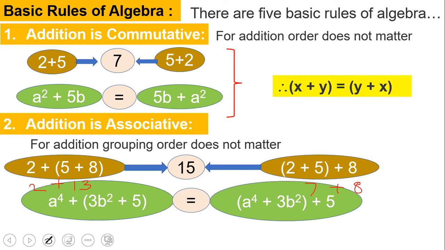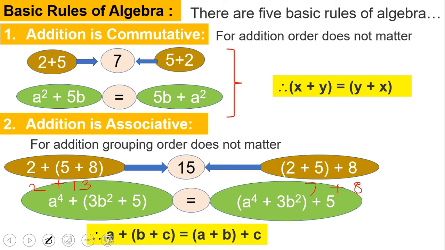And as we said earlier, the answer would be same. So finally we can conclude that a plus (b plus c) is equal to (a plus b) plus c. Is that clear? So this is what we mean by addition is associative.